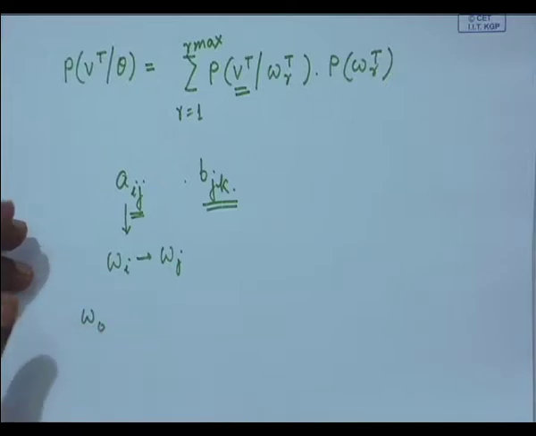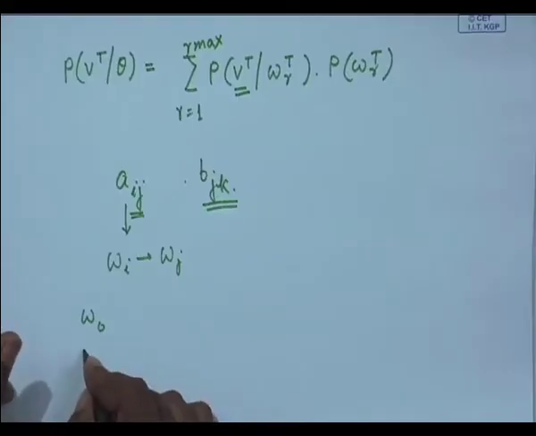So, these are the two probabilities that we have to estimate from a set of known sequences, the sequences which are to be generated by this hidden Markov model, and we have a coarse description of the hidden Markov model in terms of the hidden states and the visible states. And as we have already said, out of these hidden states, one of them, say omega naught, is called the final state, that is, once the hidden Markov model enters this state omega naught, it cannot come out of it.